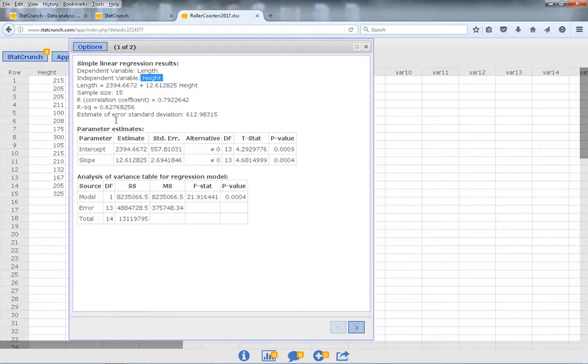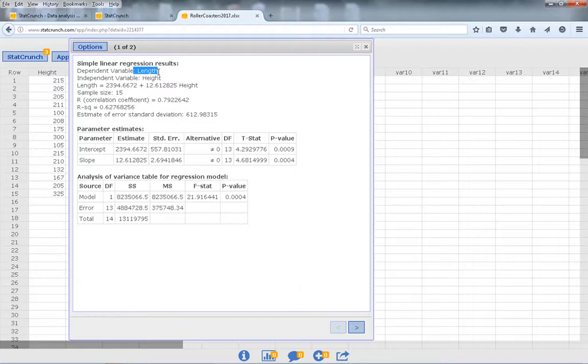That leaves, okay, 1 minus that number, right? So 0.3723, or you could write that as a percentage, is the variability in length of coaster that is not explained in a straight line model with height, and therefore we say that is due to random error.